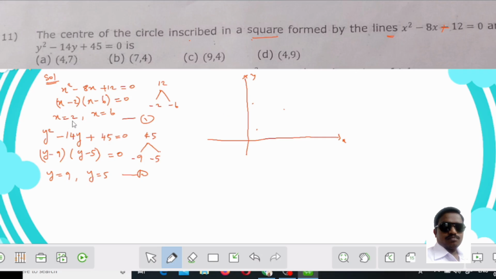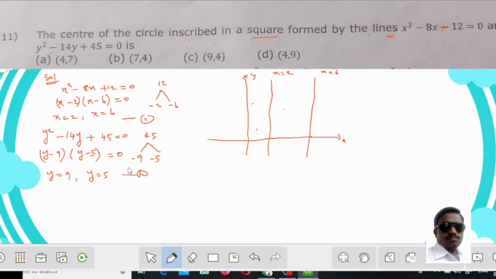Now you draw the straight line x equal to 2. So we first draw x equal to 2 now. This is x equal to 2 and x equal to 6. If it is 6, then you draw x equal to 6 here. This is x equal to 6.